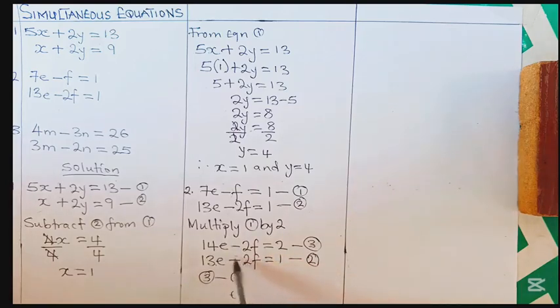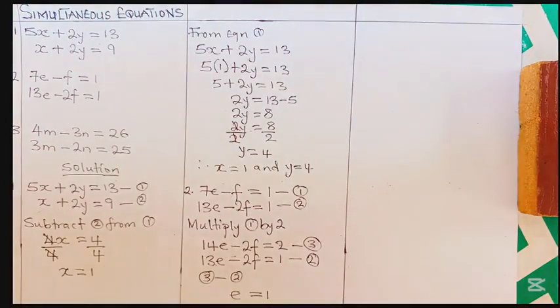Remember, we have minus here already, but we are subtracting. So it's minus 2f minus minus, we change this to positive. So minus 2f plus 2f, we eliminate f, which is equal to 2 minus 1, we have 1. So e is equal to 1.